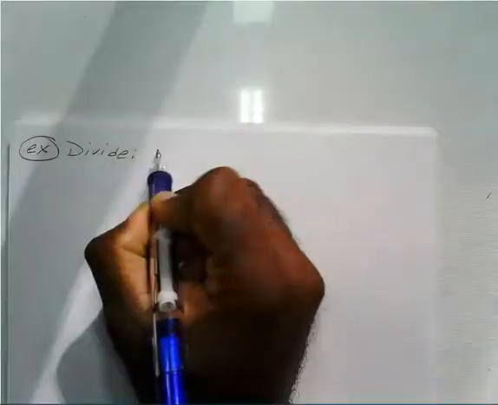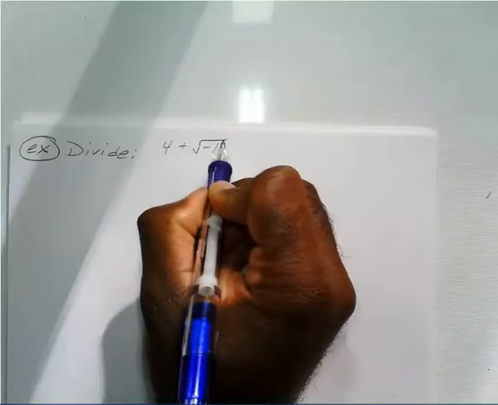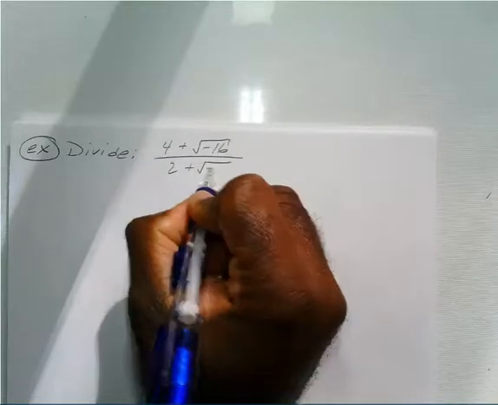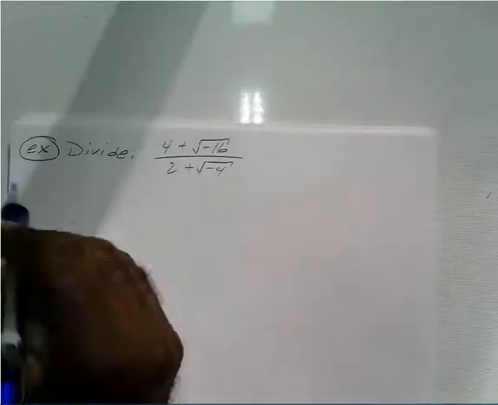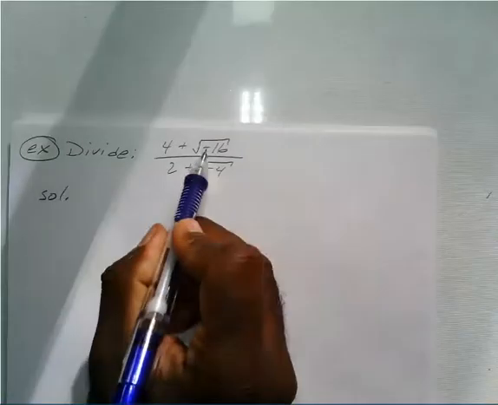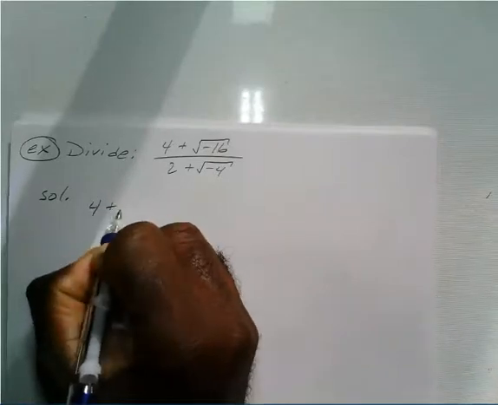Alright, so let's say, for example, we want to divide, say, 4 plus square root of -16 over 2 plus square root of -4. Okay, now with that -16, we can simplify that a little bit.